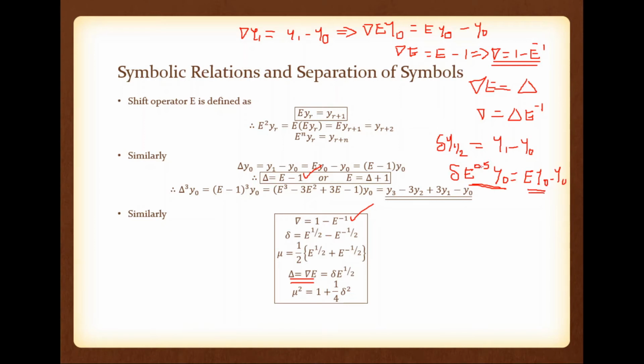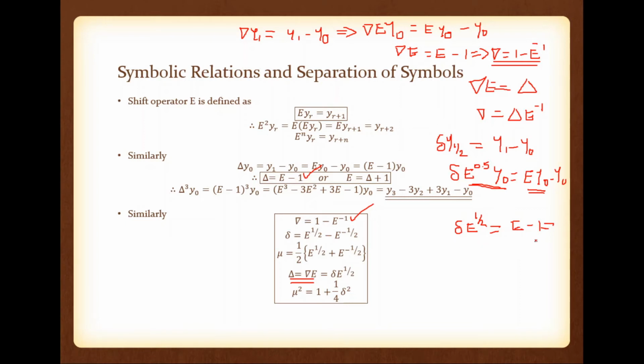Now we can remove y0, from the operator point of view. If you are removing y0, then theta e raised to 0.5 or 1 by 2 equals e minus 1. So here we have one relationship: theta e raised to 1 by 2 equals e minus 1. What is e minus 1?